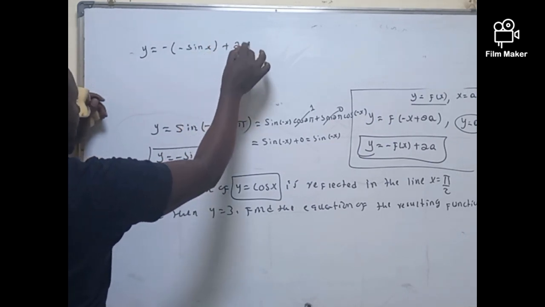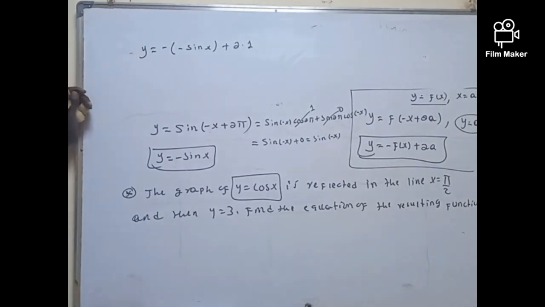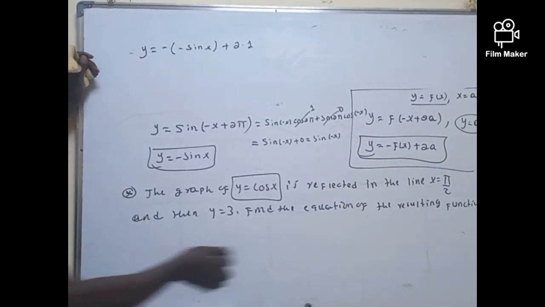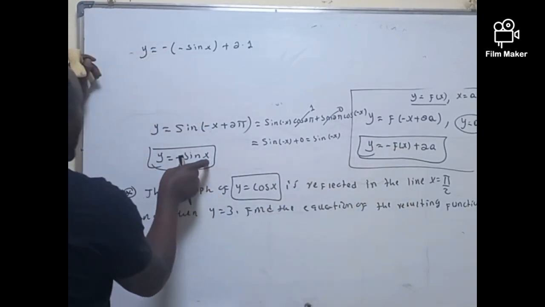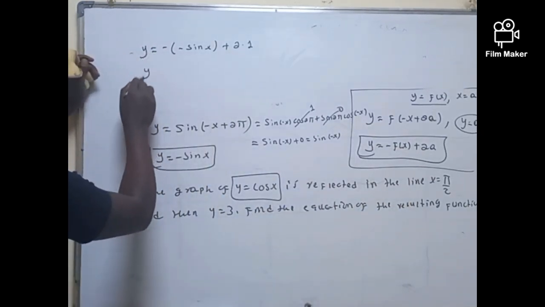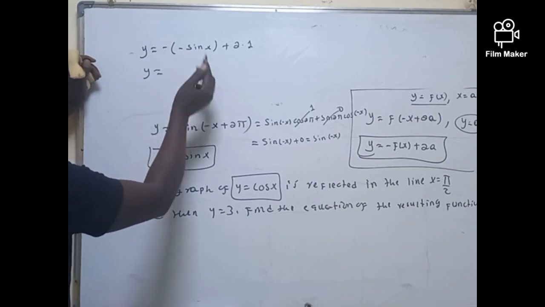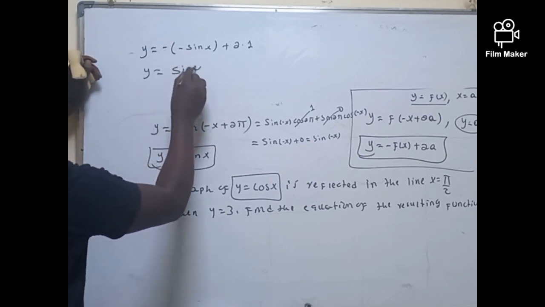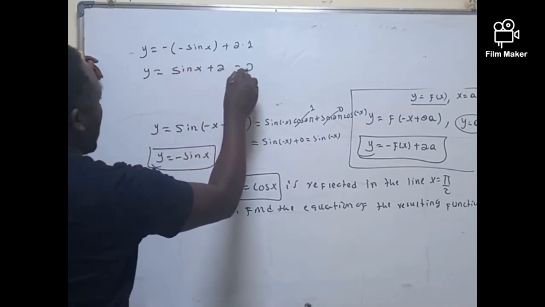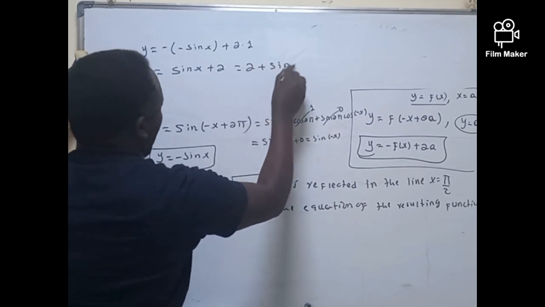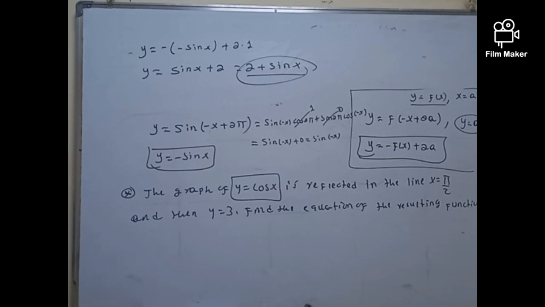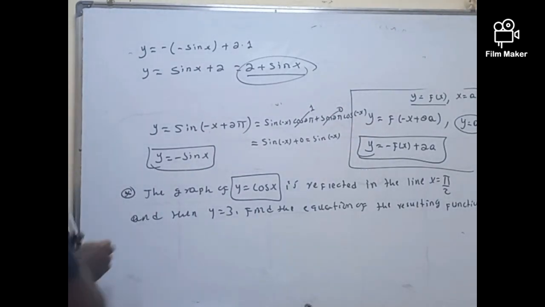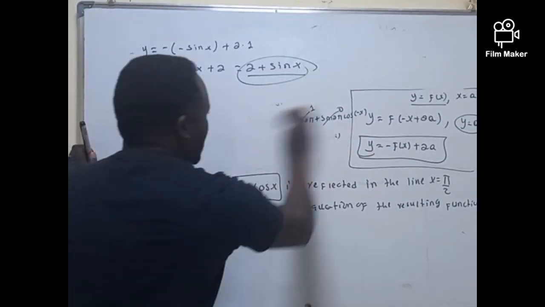A is already 1, because 2a, now a is 1, so 2a. F of x is minus of sine x, so we have to multiply. So y will be negative times negative, positive sine x plus 2, which is going to be 2 plus sine of x.